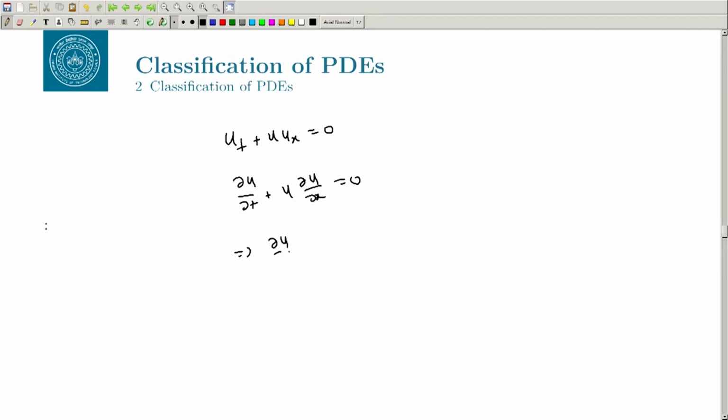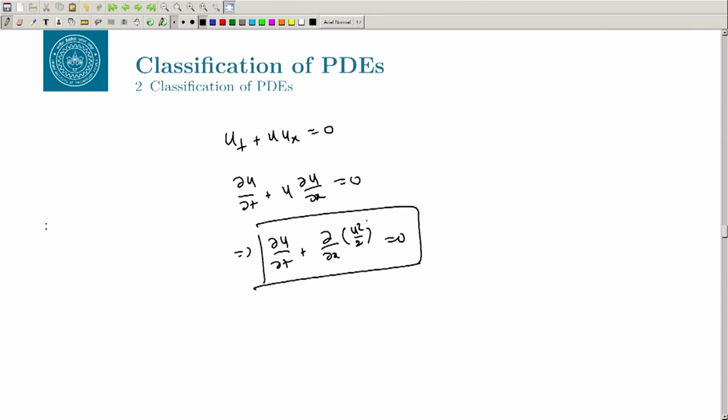So, this is del u by del t plus del by del x of u square by 2 equal to 0. So, this is occurring non-linearly, you can clearly see here. That is why this is a non-linear equation, a non-linear PDE, and this is homogeneous.